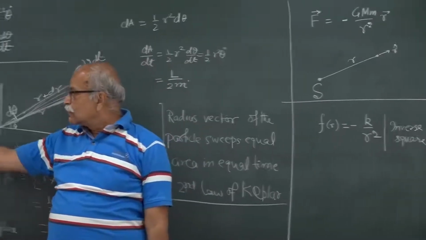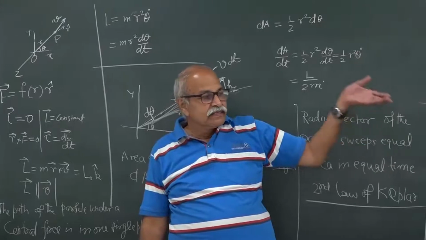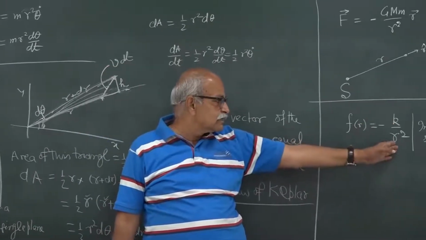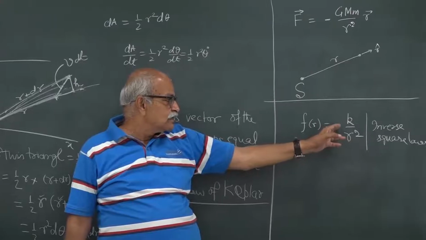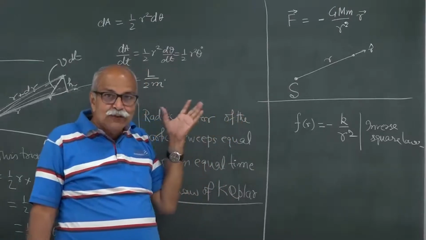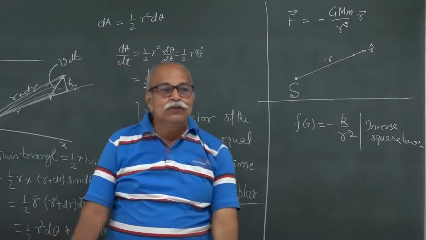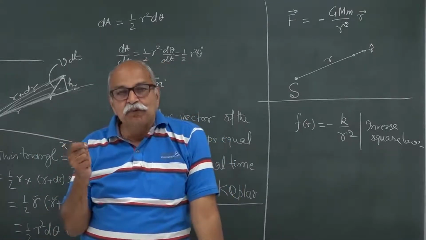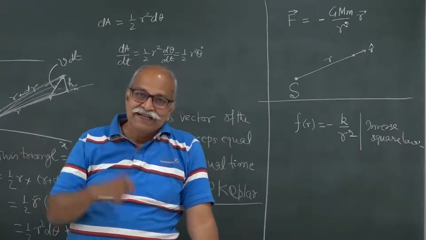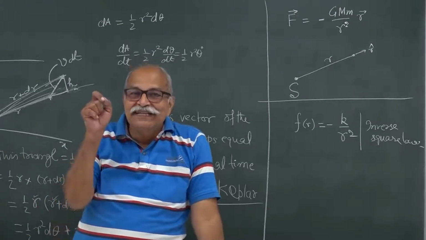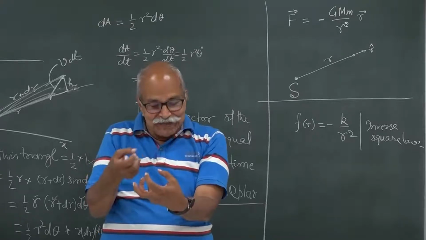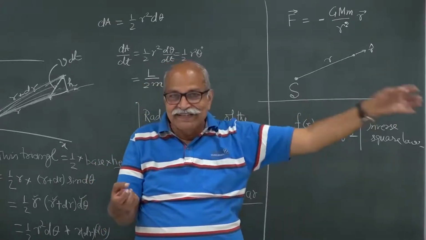So, if F(r) is of this variety, you are considering a particle on which this central force is acting, and the magnitude of the central force is given by this 1 by r square type, and it is always directed towards that origin, then it is very close to our planetary system, or very close to Bohr's model of the hydrogen atom, where the proton is sitting at the center and the electron is going around it, and very close to Rutherford scattering, where you have a nucleus and an alpha particle is sent, and because of that force, of course a repulsive force, or if you send beta particles, then it is an attractive force.